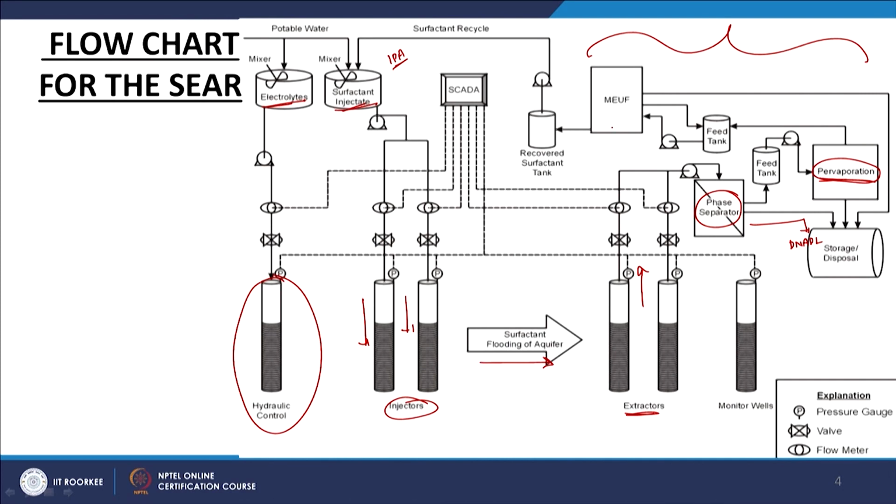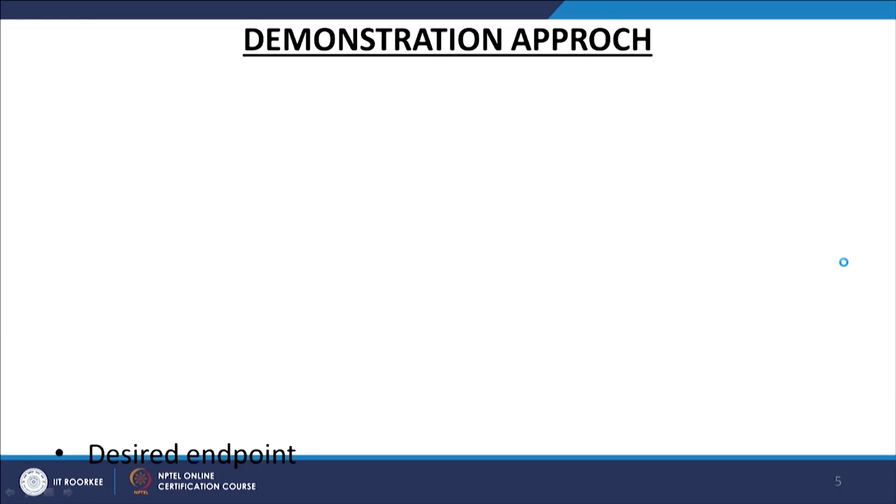And then you have this recovered tank, and then the surfactant is recycled. So, that is what we have here, and this is the DNAPL that can be treated further now that it is relatively more concentrated. So, that is something to keep in mind.